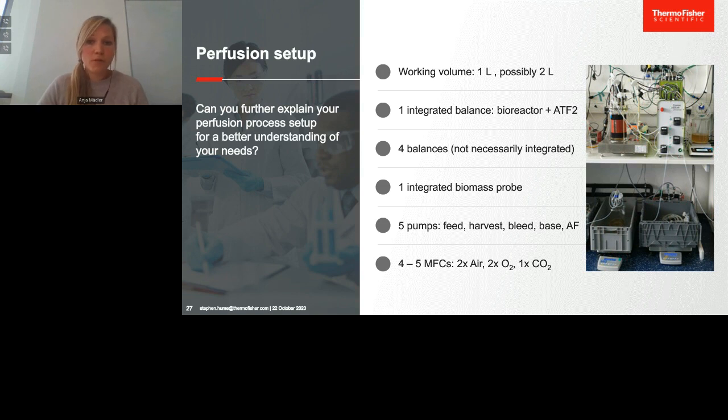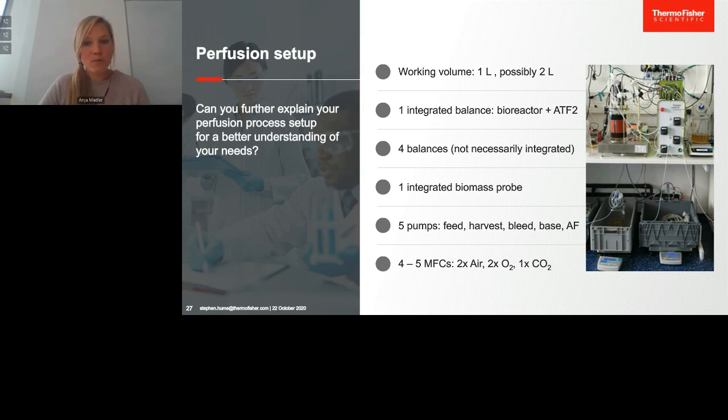For the perfusion control, as well as regulation of the cell density, we have the integrated biomass probe. And as you can see in the picture here, the control tower offers 4 pumps that we use for feed, bleed, harvest, and base. But we have 2 additional external pumps, of which we use 1 for the antifoam in our standard processes.